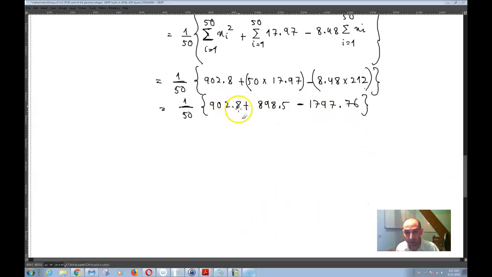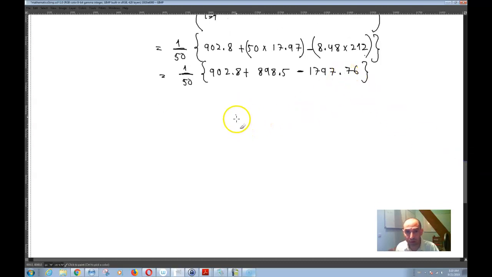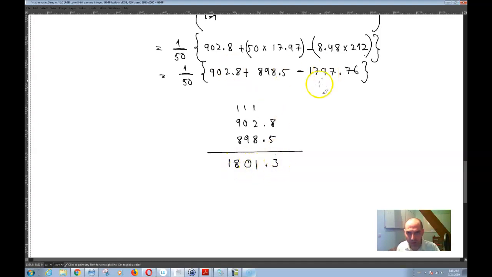So what you have here is basically these two numbers. Let's add these two numbers and then subtract this number. 902.8 plus 898.5 is 1801.3, minus 1797.76.